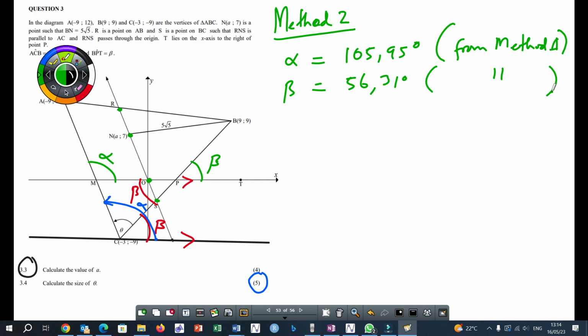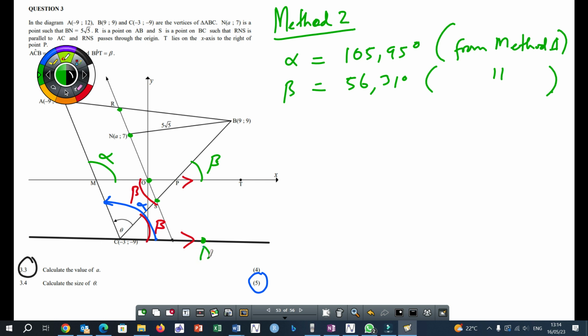Okay, so from here, can I have your attention? If I want to carry on here, I could create my own point. So this is point C, and I can create my own point here.